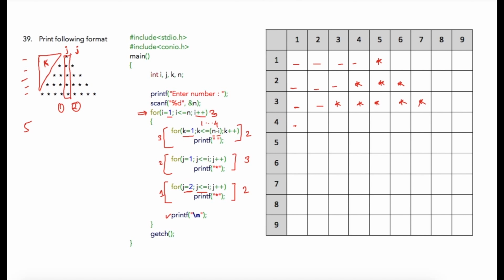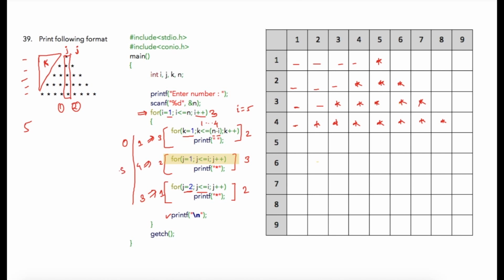So in the next iteration, this loop will be executed only one time, this loop will be executed for 4 times, and this loop will be executed 3 times. So the output will be a space over here, then 4 stars, and then 3 stars from the next for loop. And then in the final iteration, this loop will be executed 0 times because my i will be 5 and n minus 5, so n is 5, 5 minus 5 is 0, hence k less than or equal to 0 holds false, and this loop will not be executed.